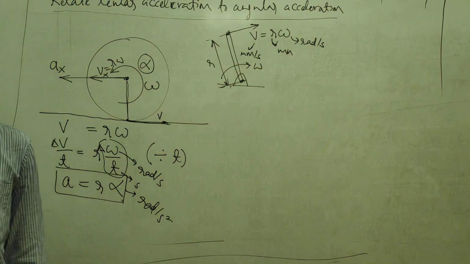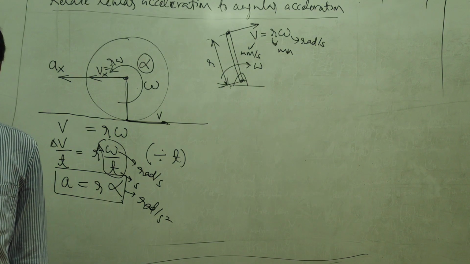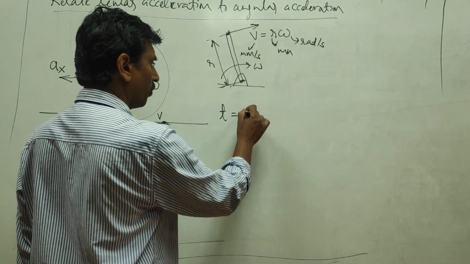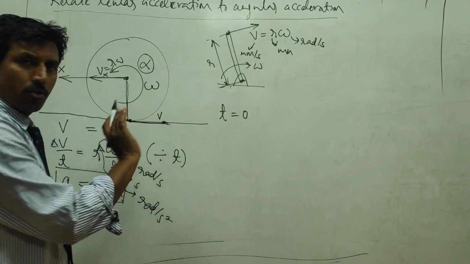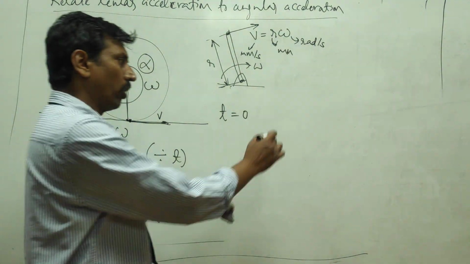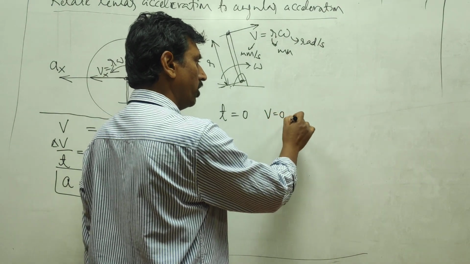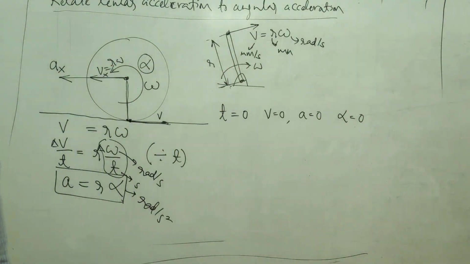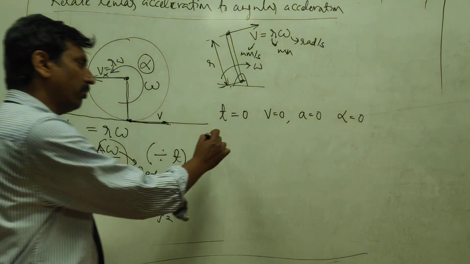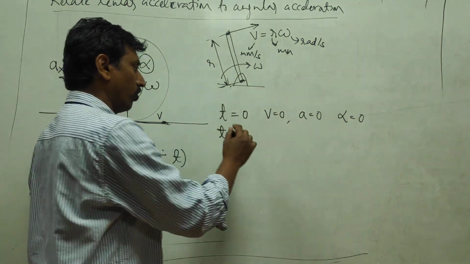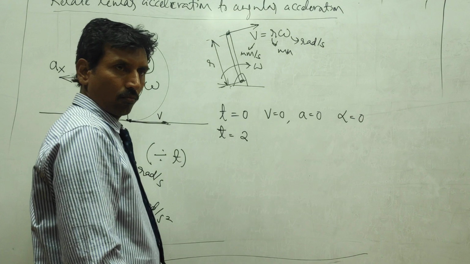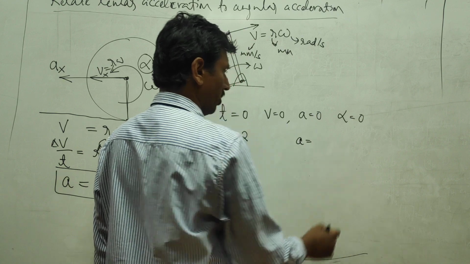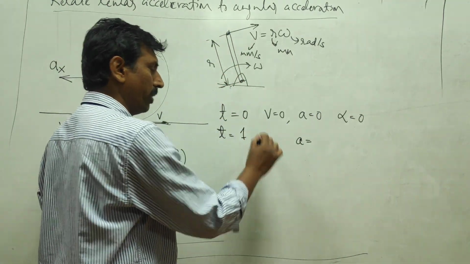Okay, now to actually confirm whether you understood this formula or not, let us take a simple example. Let us say that at a time t is equal to 0, the wheel is stagnant, so that means there is no velocity. There is no velocity, so acceleration is also 0 and angular acceleration is also 0. Okay, at time t equal to say 2 seconds, instead of 2 I will make it 1 because that makes the problem easier.